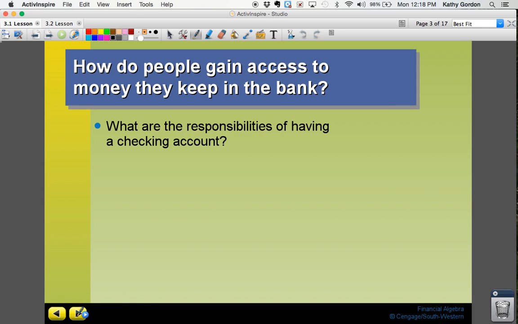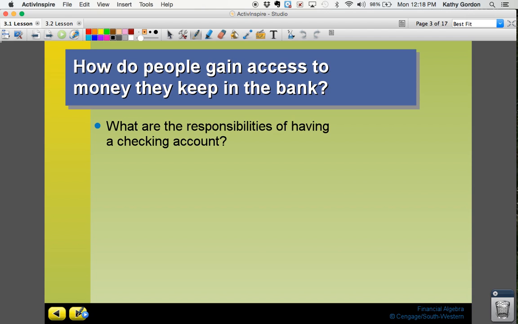So based on what you read about checking accounts, what would you say are some responsibilities that you have if you have a checking account? Yeah, you need to know what's in your account, and you need to make sure that you have enough for whatever your withdrawals are.